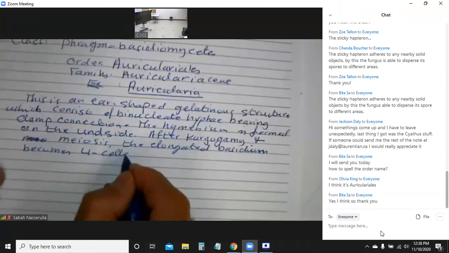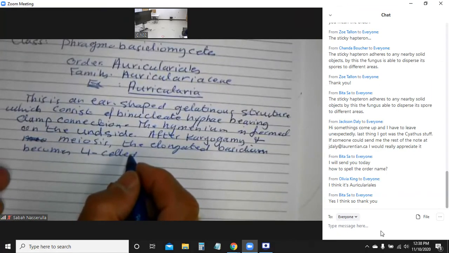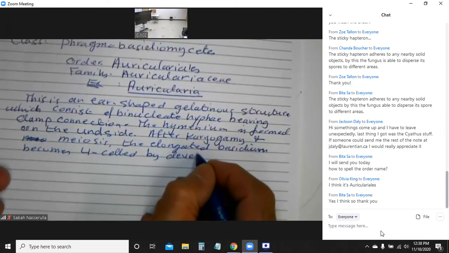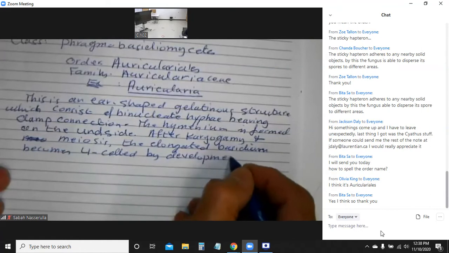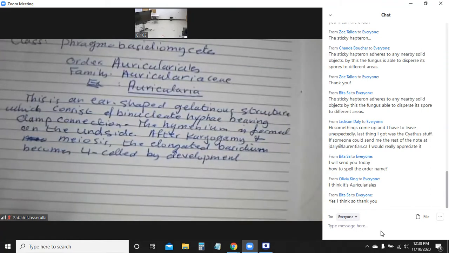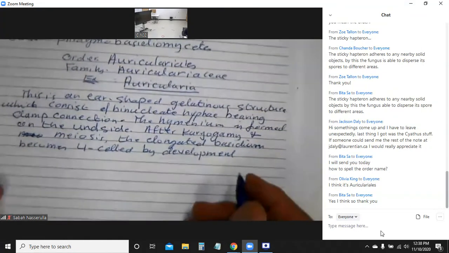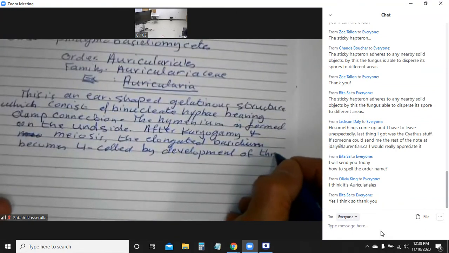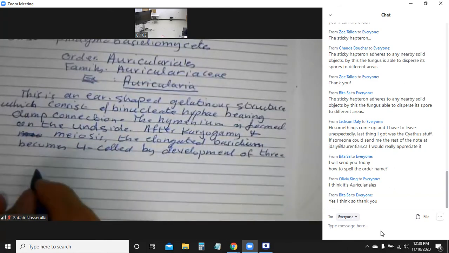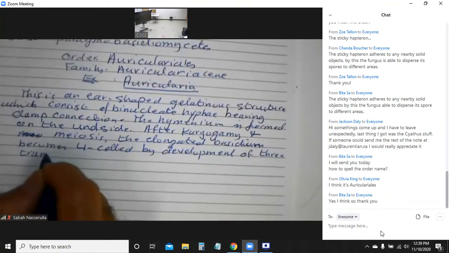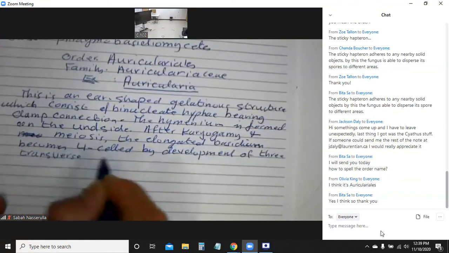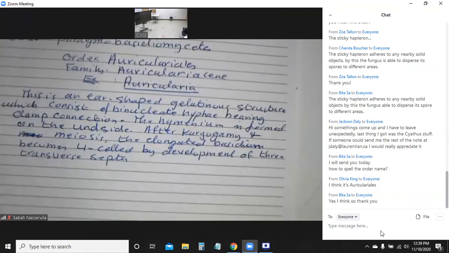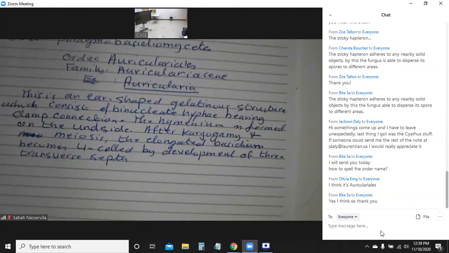That occurs by the development of three transverse septa. So with these three septa, you end up with four cells.